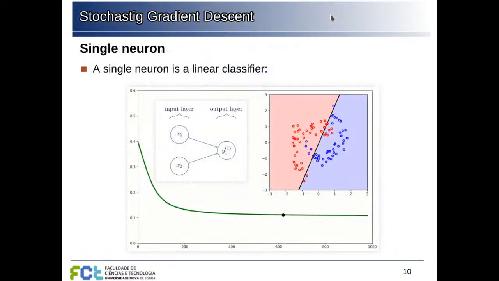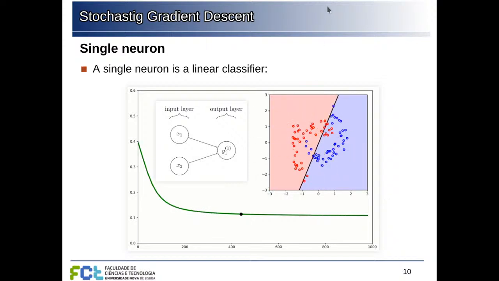So if we do this with a single neuron, we already saw we have this linear classifier. We can reduce the error. In this case, we are using the sigmoid function to try to approximate the classification here: 1 for the red points, 0 for the blue points, for example. And we are propagating the error all the way to the weights in order to change the weights that are multiplied by each coordinate in the data.